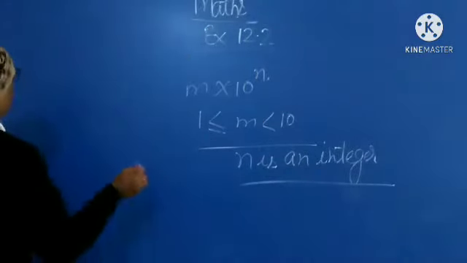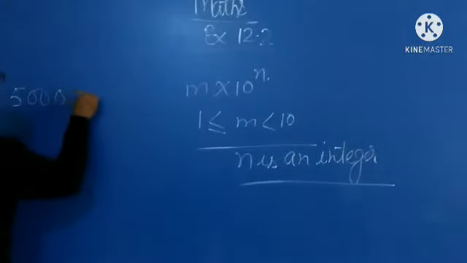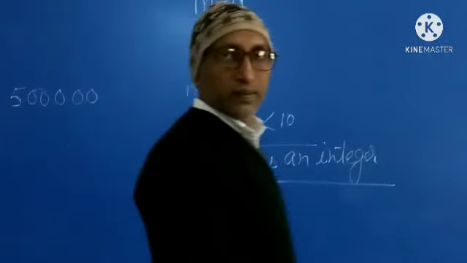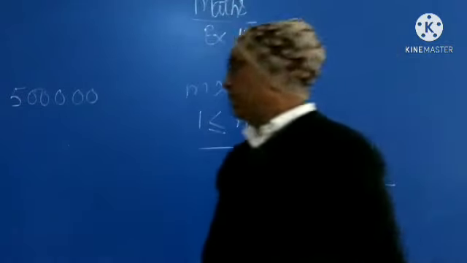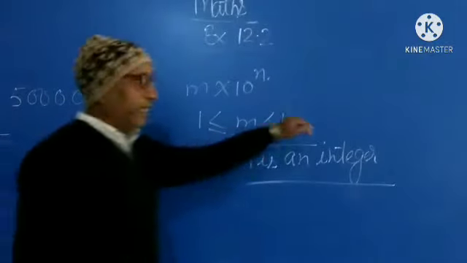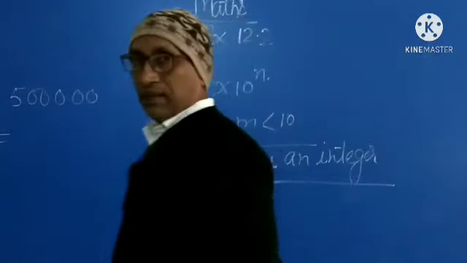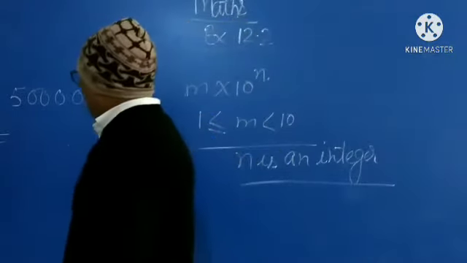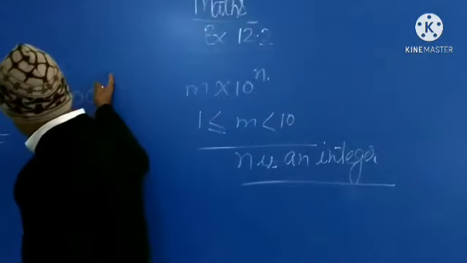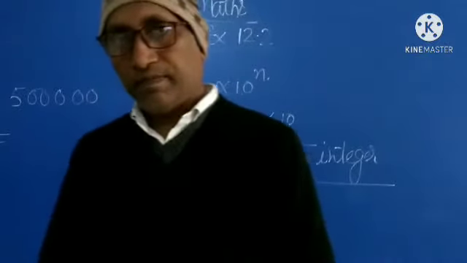Like, I have an example. I want to write 5 lakhs in standard form. How can I write it? First of all, you write this value between 1 and 10. Just shift the decimal place to make the value between 1 and 10.